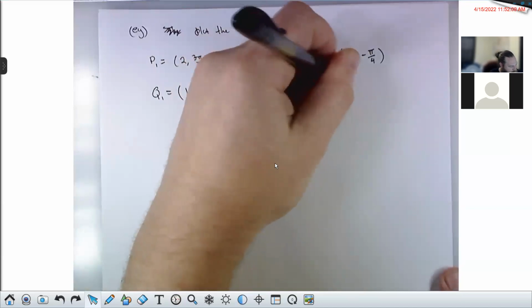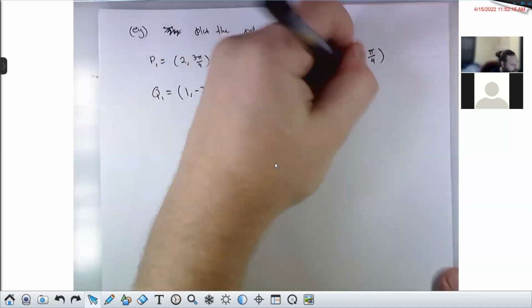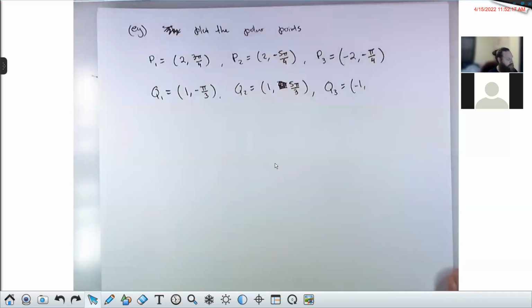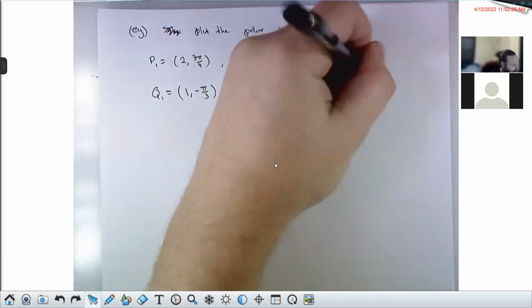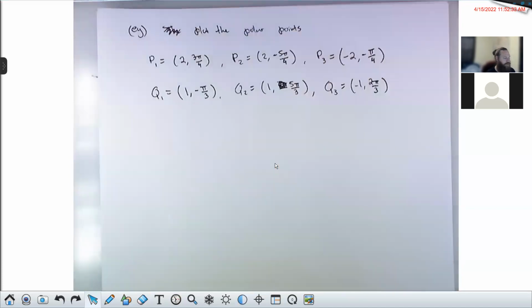And for Q3, let's do negative 1 comma two pi over 3. All right, I think I chose these correctly.